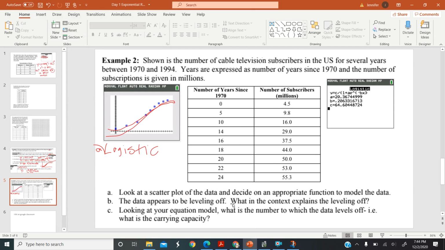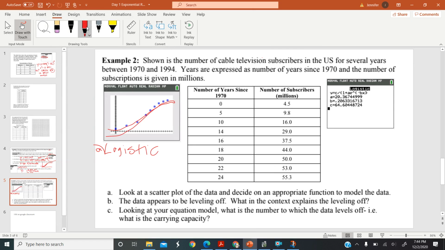Okay, so this is where we're going to be answering part C. And I need my pen back. So C. And then it gives us the equation, so we're going to go ahead and write that out first.